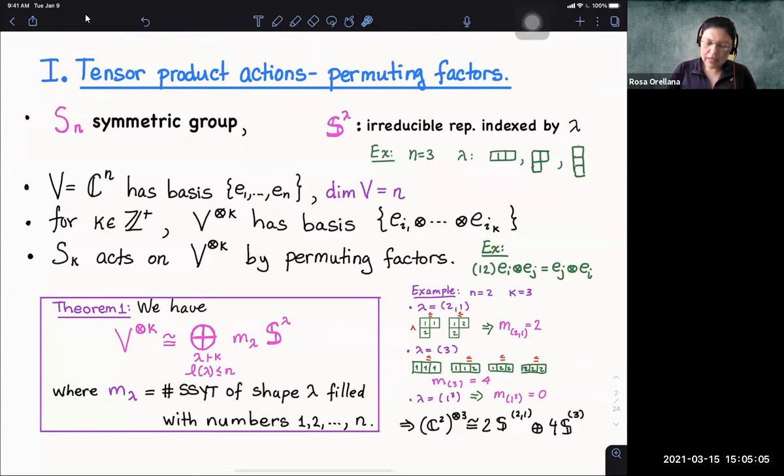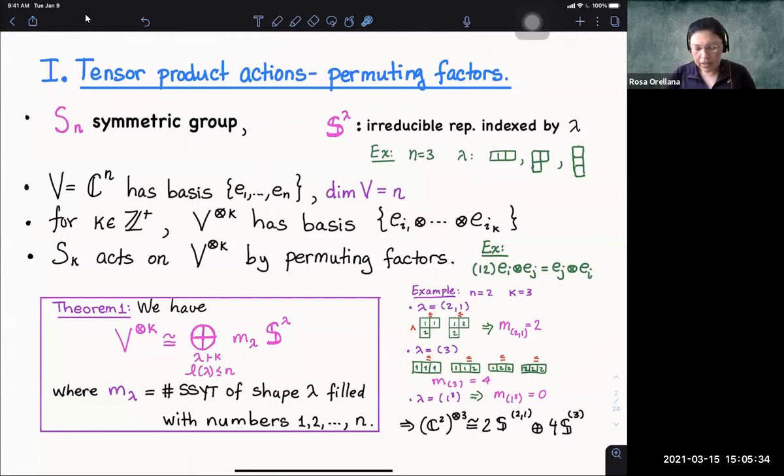Then for any positive integer k, you can define the tensor product. As a basis, you could think of them as just these tensor products of k terms where the letters are chosen from here, so all possible words that you can form, where the letters are coming from this set.